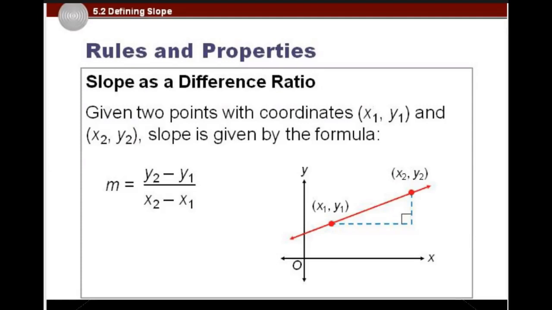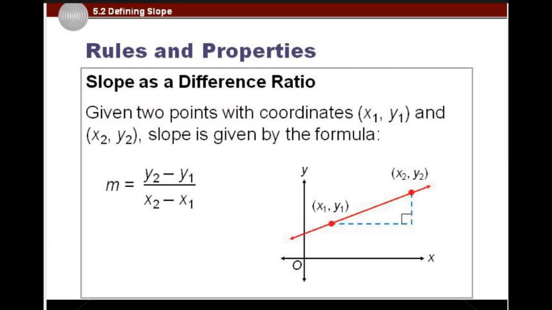Here's the same thing, but instead of using the term rise over run, what do we put in for rise? What do you see here instead of rise? Go ahead, Madison. Exactly. So we have replaced rise with the subtraction y2 minus y1.